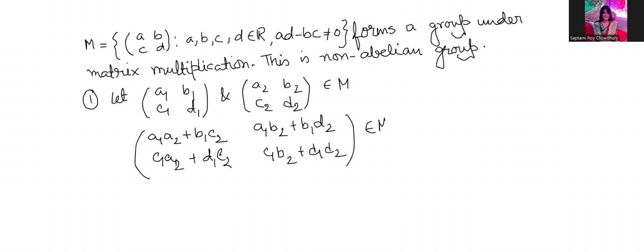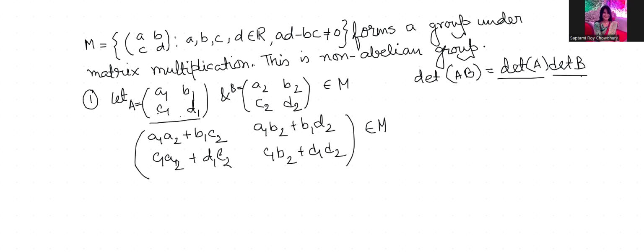And now ad minus bc is nothing but the determinant. So if we consider the two matrices as A and B, then determinant of AB equals determinant of A into determinant of B. As this is non-zero and this is non-zero, totally this is non-zero. That means its determinant is also non-zero.